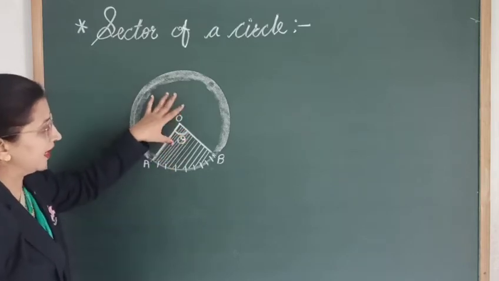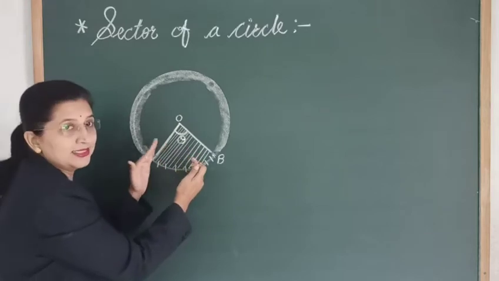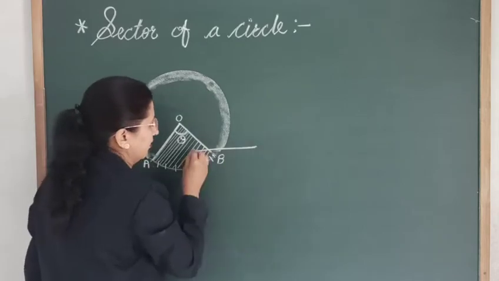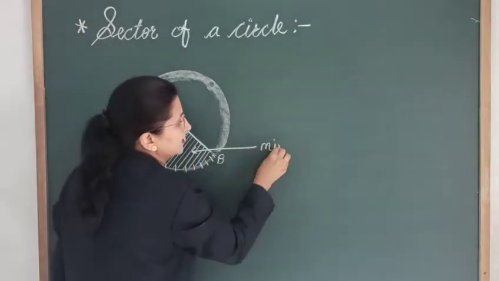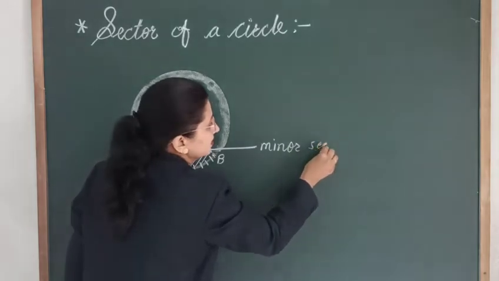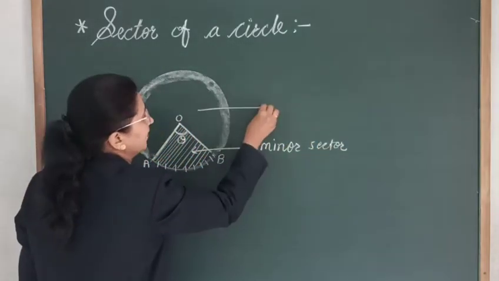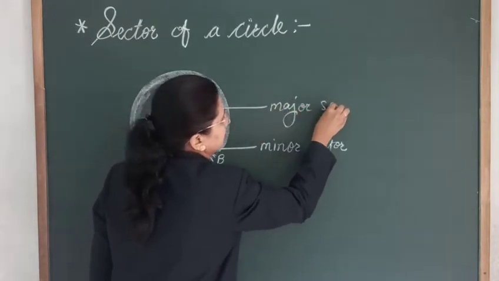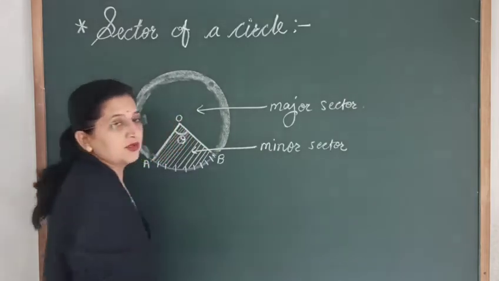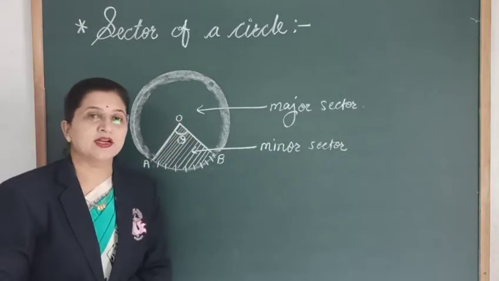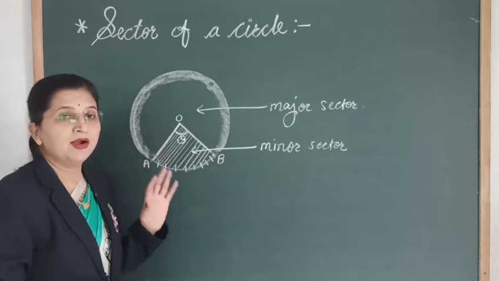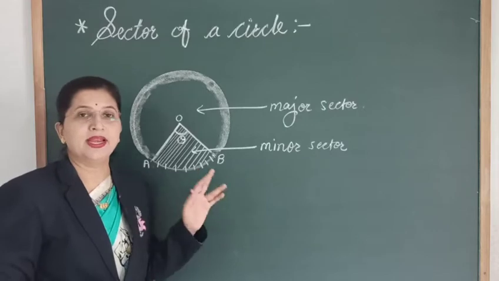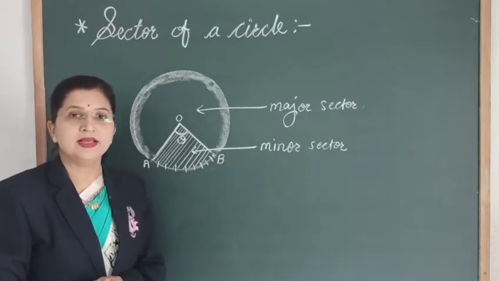From this we can see that this part is smaller as compared to the other. So this sector we call the minor sector, and the other part is the major sector. The part of a circle enclosed by two radii and their intercepted arc is called the sector of a circle.